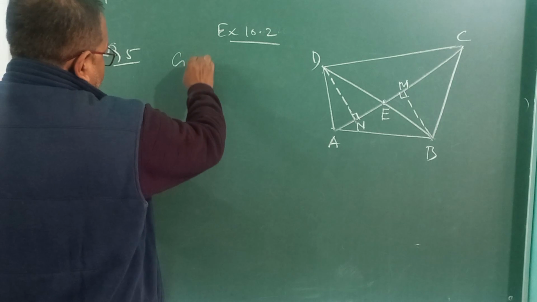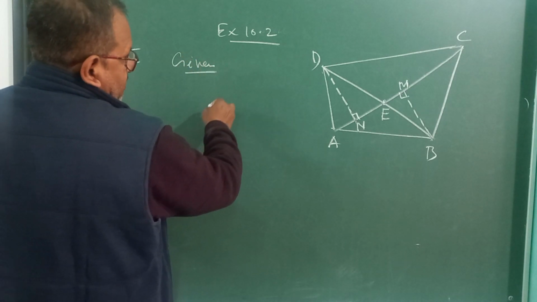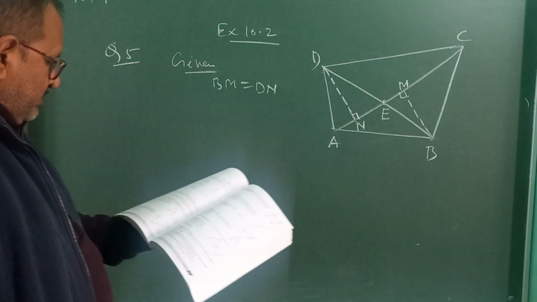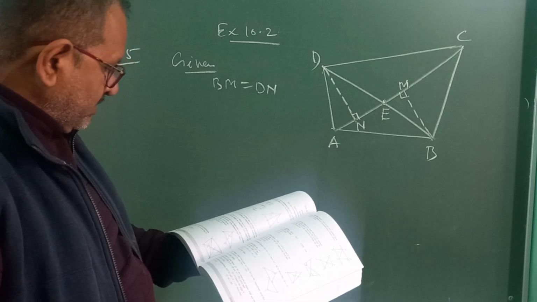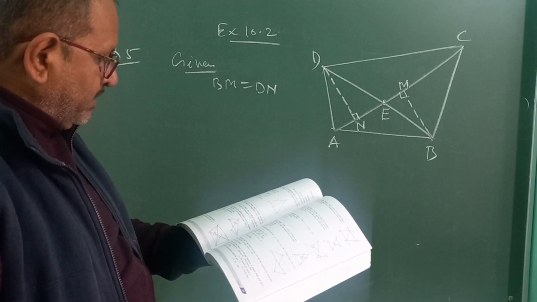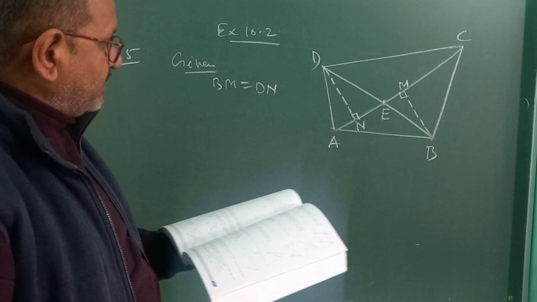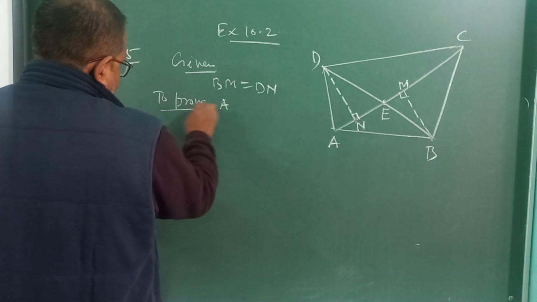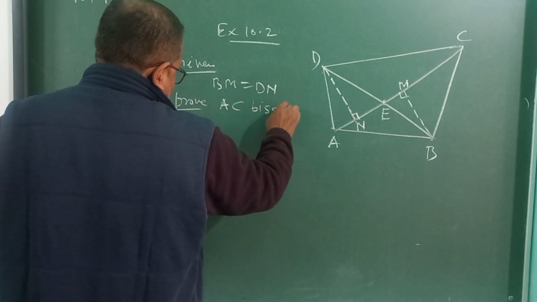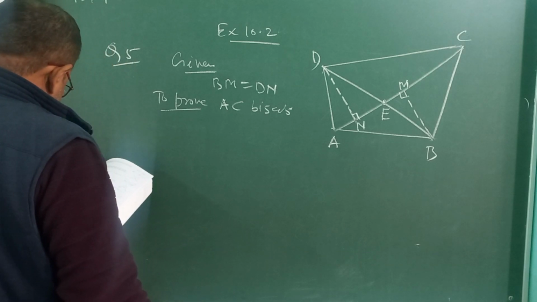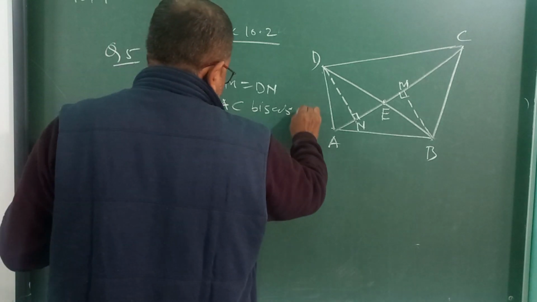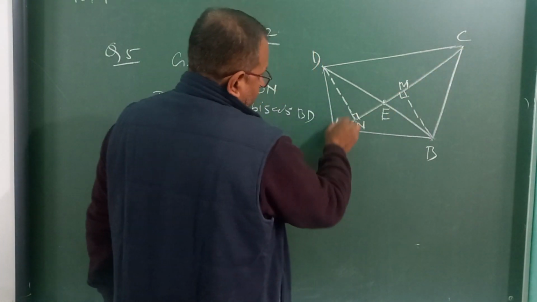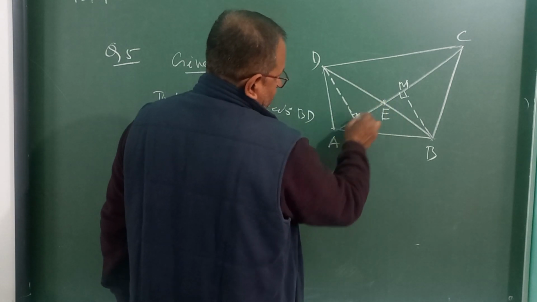What is given? BM is equal to DN. It is given that BM is equal to DN. Prove that AC bisects BD. We have to prove that AC bisects BD, which means the diagonal AC bisects BD at point E. So what we have to prove?